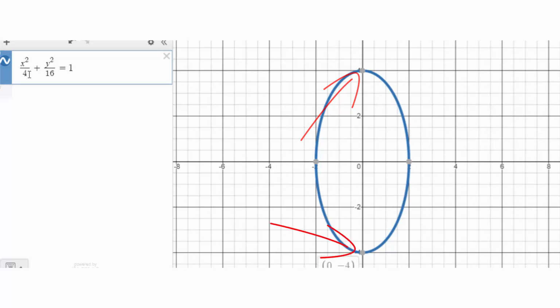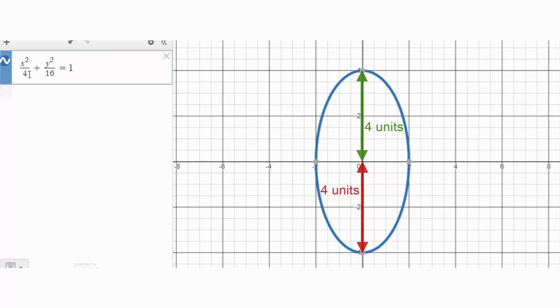This intercept here, which was at 0, negative 2, is now at 0, negative 4. So it looks like if you take the square root of the number underneath the y squared, in this case 16, that gives you the vertical distance that you have to go from the center of the ellipse to get to the curve that is the ellipse itself.